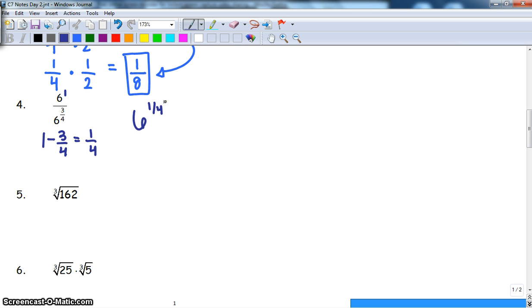Be careful, make sure that it actually looks like an exponent and not 6 and 1/4, like a mixed number. And remember, you are not done until you don't have a fractional exponent anymore. So this becomes the 4th root of 6. And that 1, remember, is just right here still. Okay, so that's 6 to the 1/4.